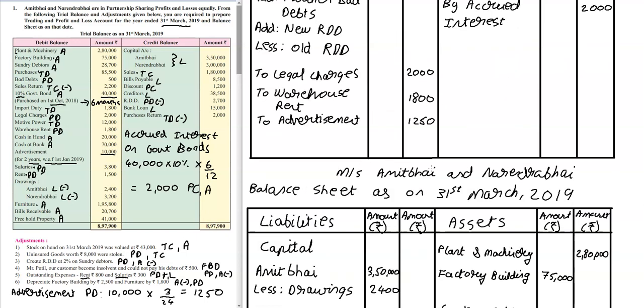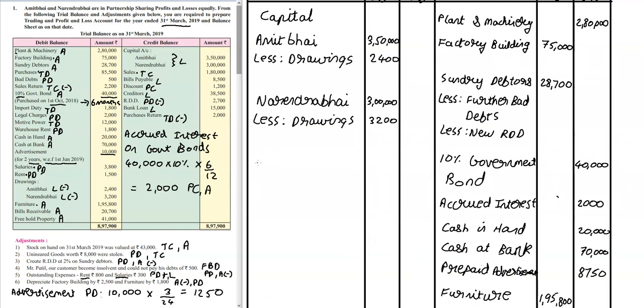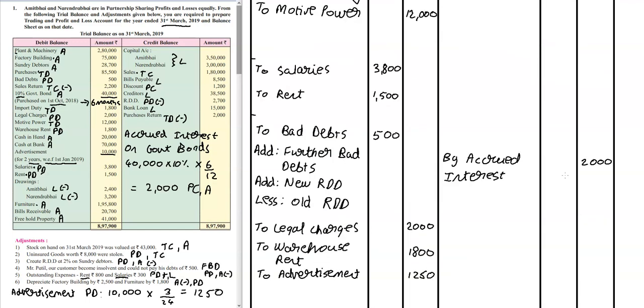Bills payable, liability side, leaving a little space for the profit or loss. Bills payable, we have no adjustments, so directly in the outer column, 8,500. Next, we have discount, P&L credit side.